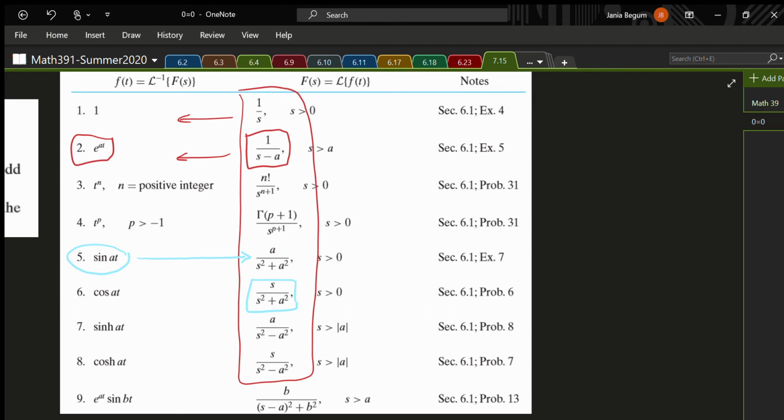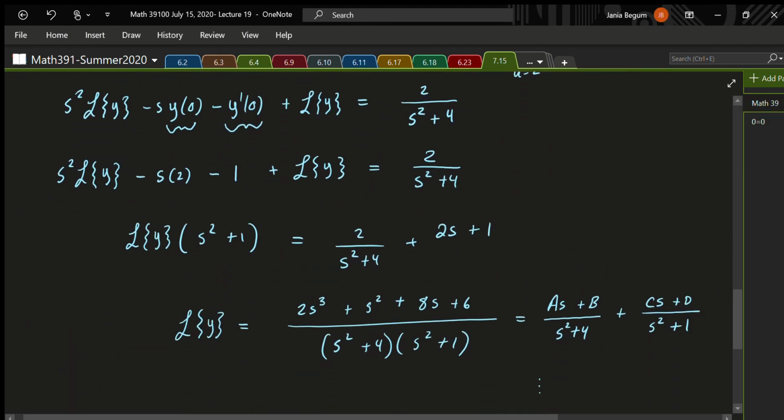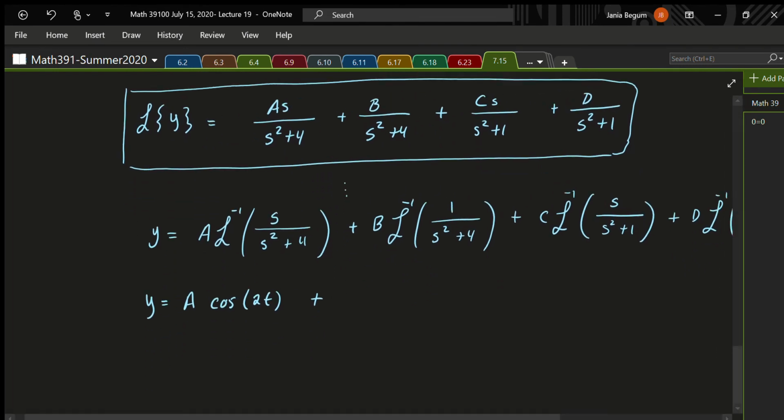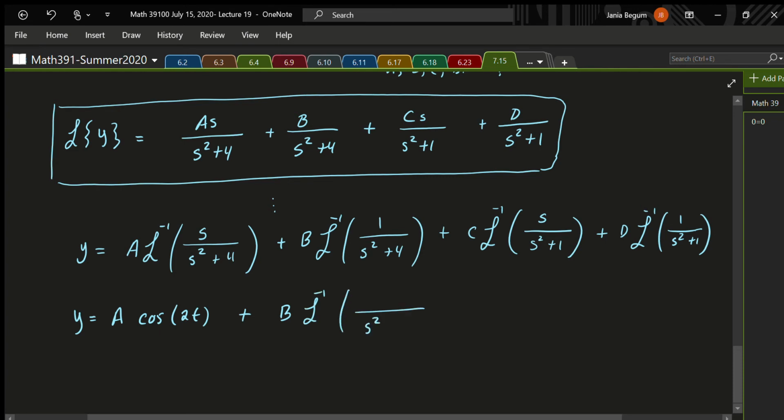It looks like sine, but we kind of have to play around with it. If you just rewrite it, it's going to look almost like sine. I have a b here, Laplace inverse. So we have s squared plus, let's say, 2 squared. But for it to be sine, we have to have an a on top, and a is 2 in this case.